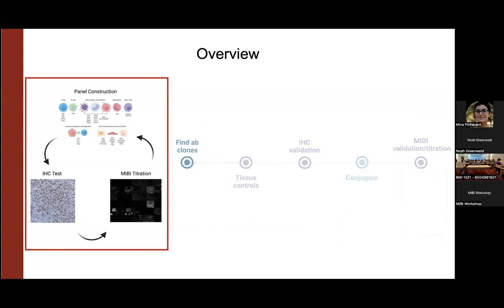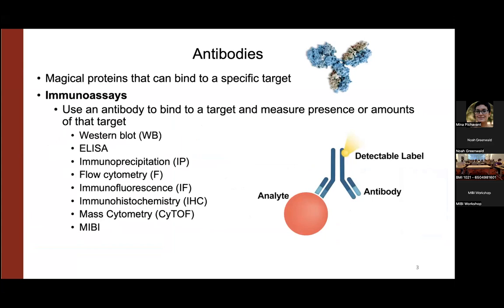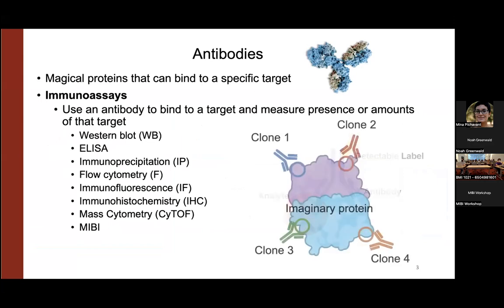So I'll start first with how you find these antibody clones. Going very basic, we all know that antibodies are these magical proteins that can bind to a very specific target. They're so important that we have an entire class of biochemical assays, which we call immunoassays, designed around antibodies. Now, antibody clones are essentially antibodies that bind the same protein, but different parts of that protein.